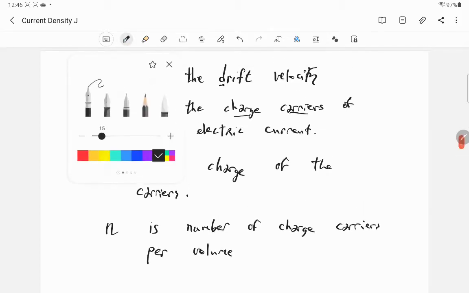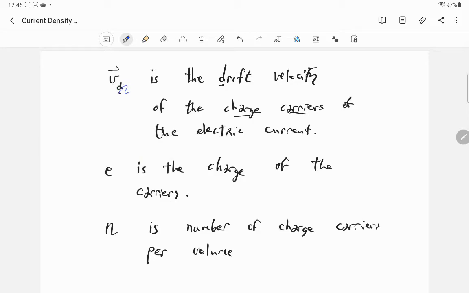So in terms of units, this thing right here, SI units, for example, are meters per second, right? It's a velocity. The units of the charge of the carriers is going to be in coulombs.